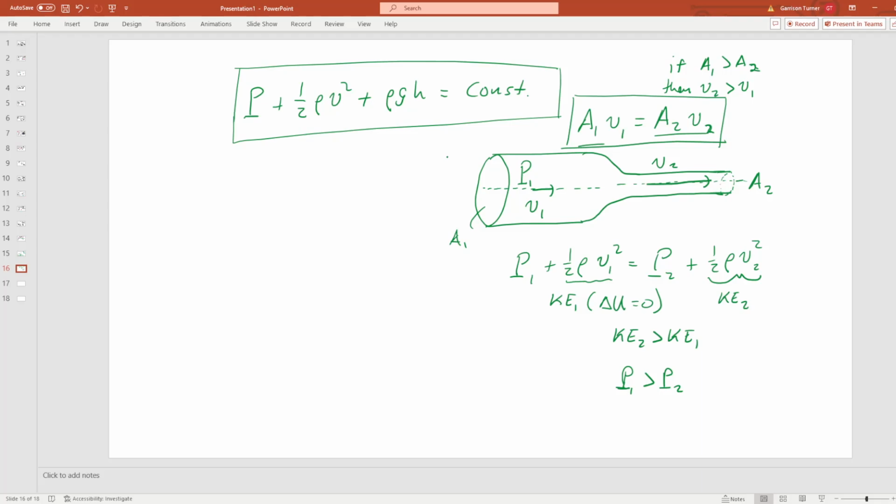So Bernoulli's principle even gives you the starting point for why airplane wings work, right? For example, if the plane is flying this way, then the air is moving over the wing like this.